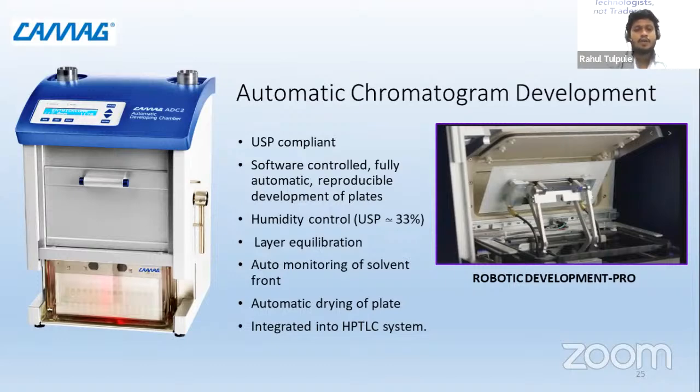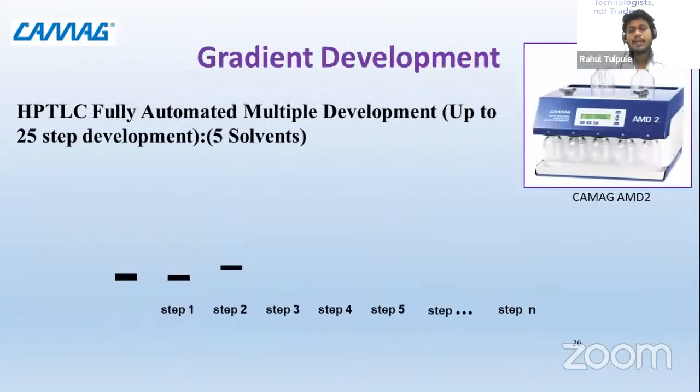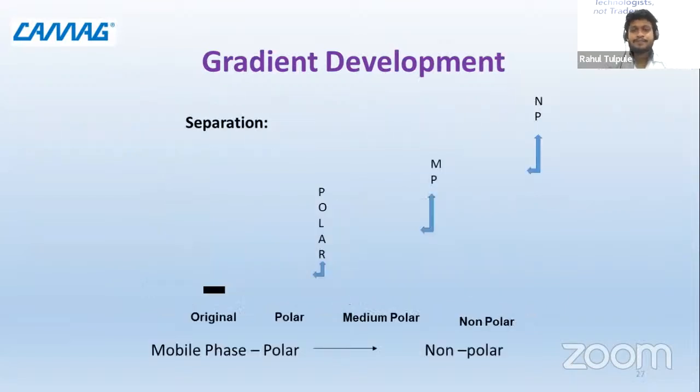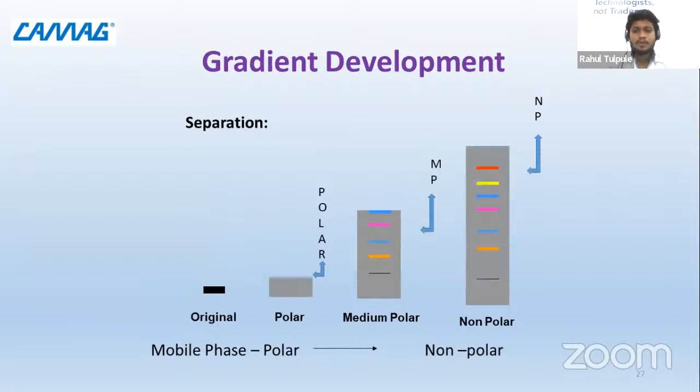Humidity can be controlled, a layered equilibrium can be obtained, and automatic drying of the plate is done as well. It means that after application, if you introduce your plate in the ADC2 chamber, you will get a completely dried and developed plate, which can be taken further to the visualizers. How the gradient development works is shown over here.